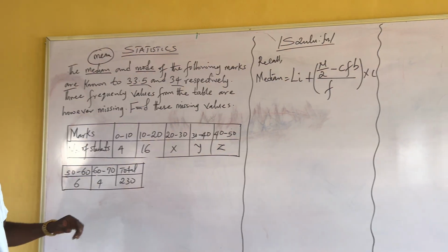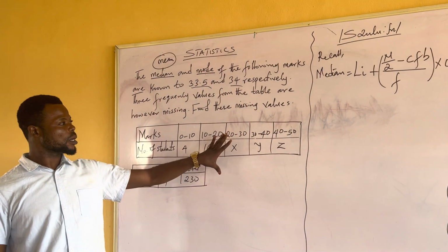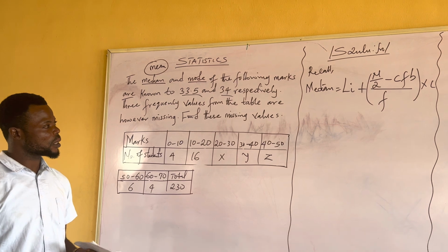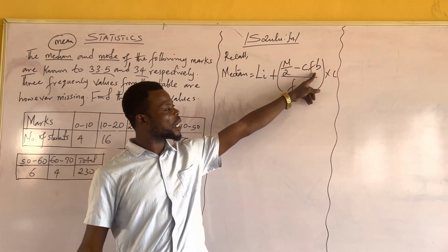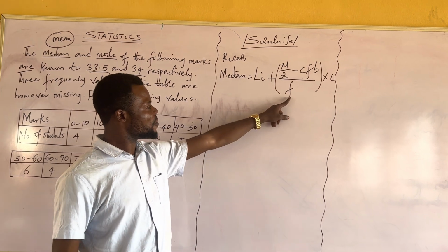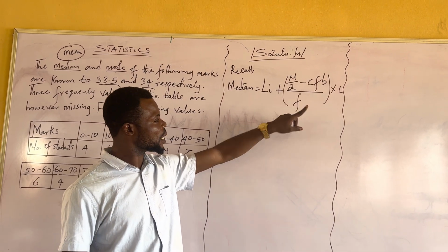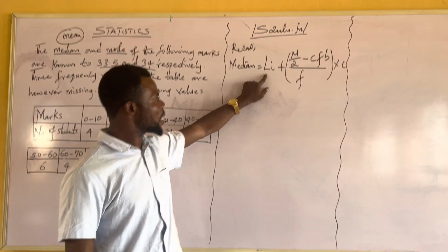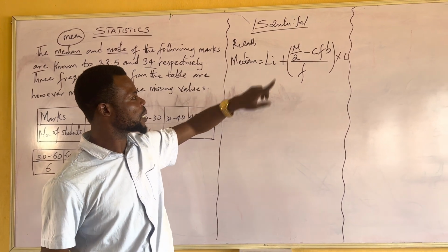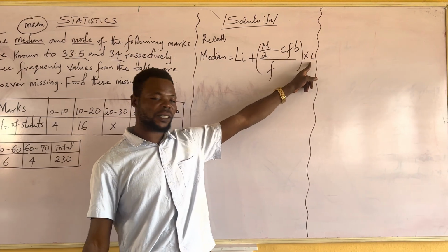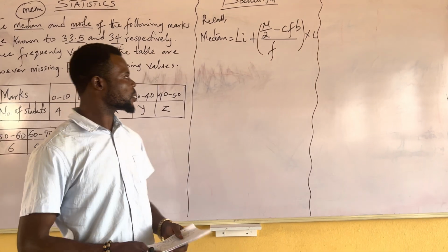That means we have to create a table. F stands for the frequency of the median class. Li stands for the lower class boundary of the median class. And C stands for the class size.